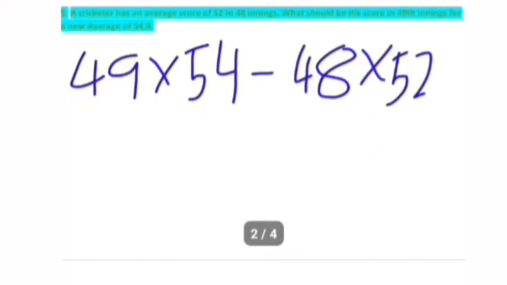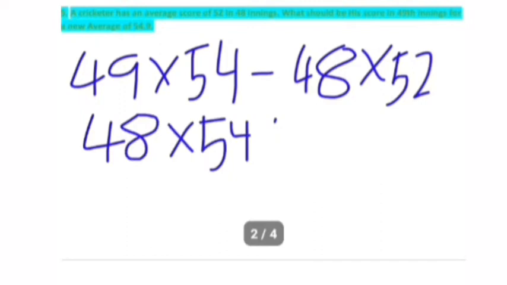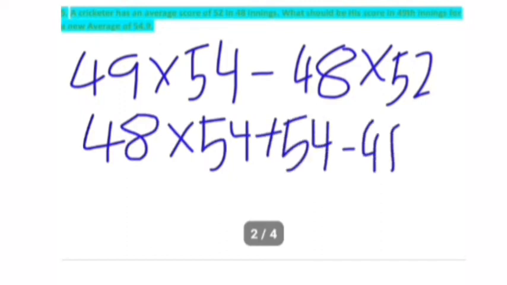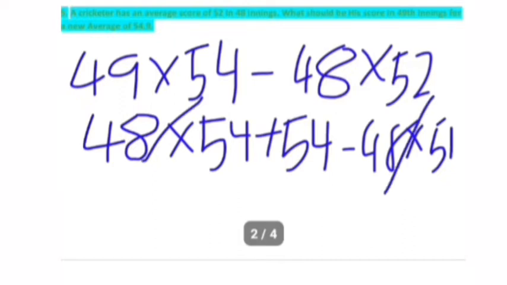So do these kinds of calculations smartly, and you will get an easy answer. I'm writing 49 into 54 as 48 into 54 plus 54, and the remaining as it is, minus 48 into 52. This 48 into 54 and this 48 into 52, why am I cancelling?